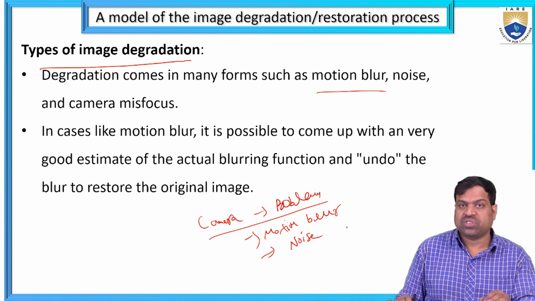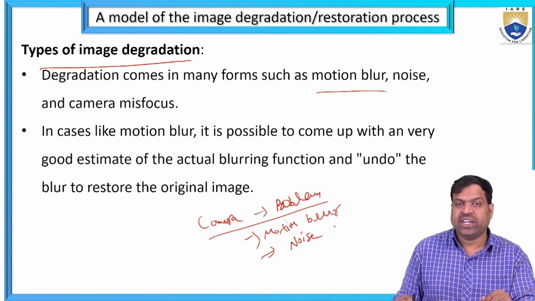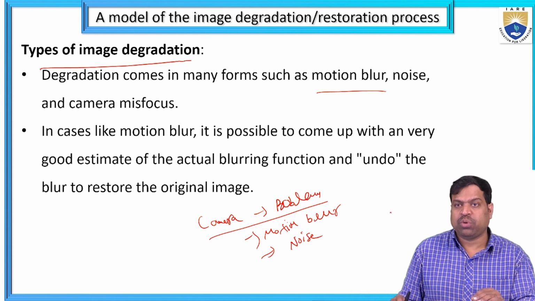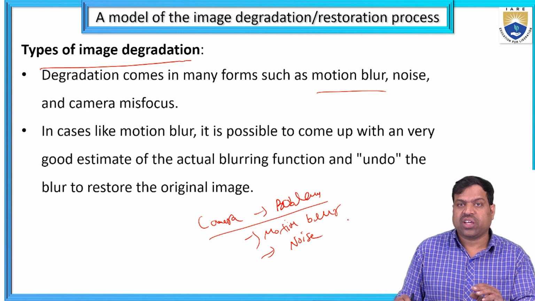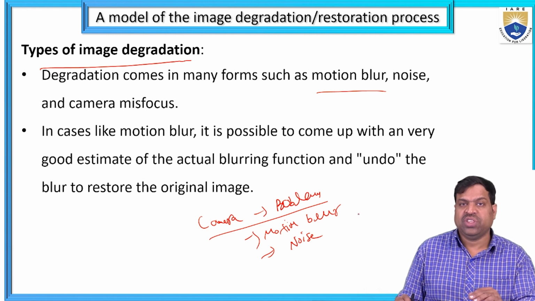These are what I am calling degradation functions. But we are overcoming these problems. Motion blurring and noise we have to reduce, and the camera misfocus problem we have to reduce. So these are the degradation processes we are reducing with the techniques. Then we will get F dash of x, y.